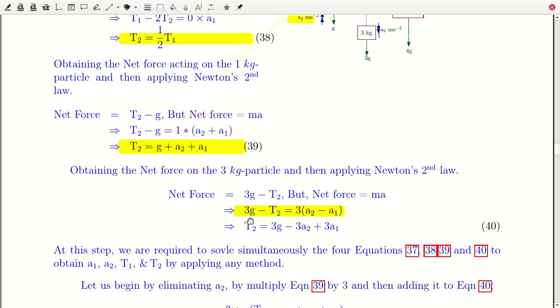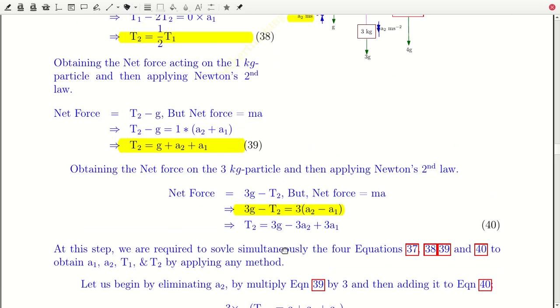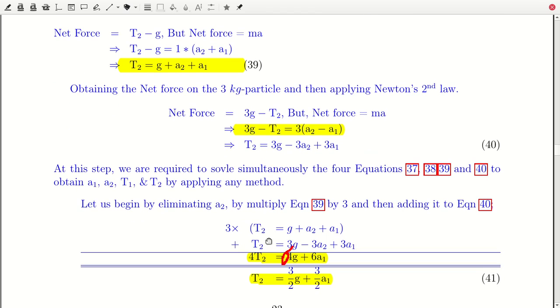If for example I use equation 39 and 40 to get equation 41, the expression I get in 41, I must not substitute it to 39 or to 40. If I get this, I should not substitute it either to where it came from.